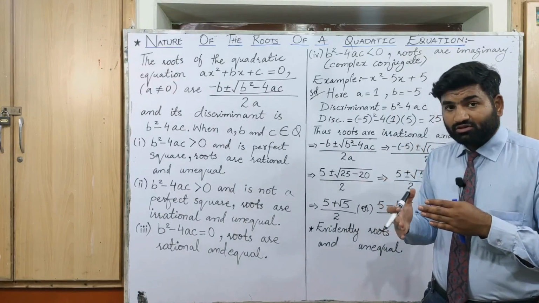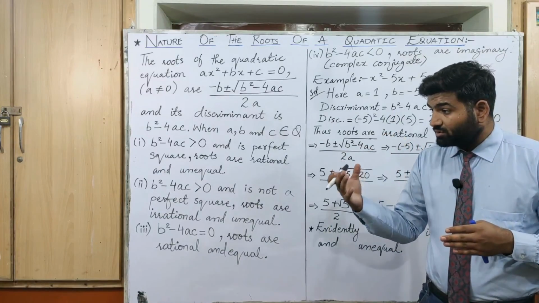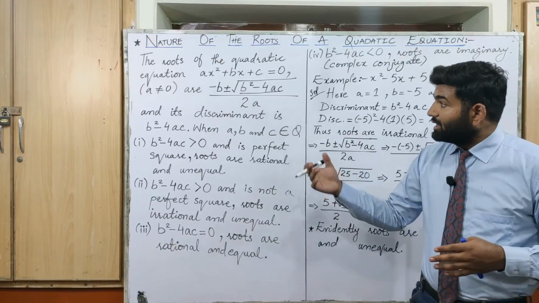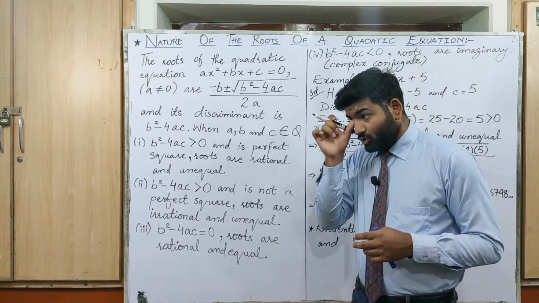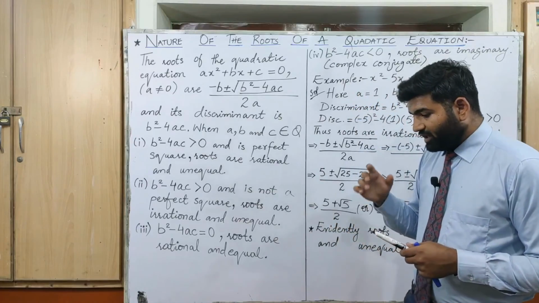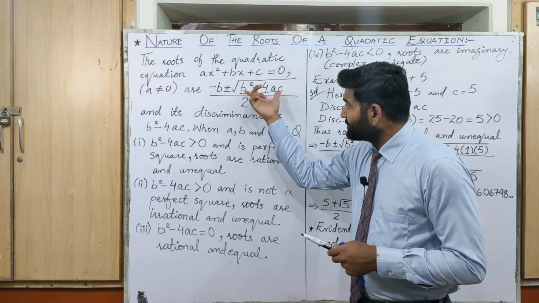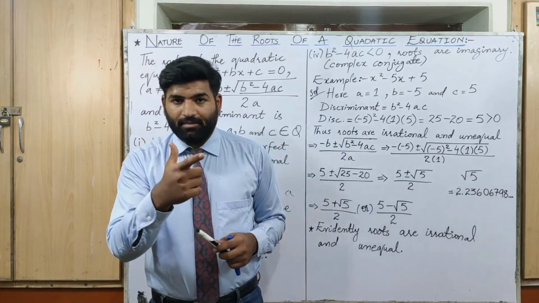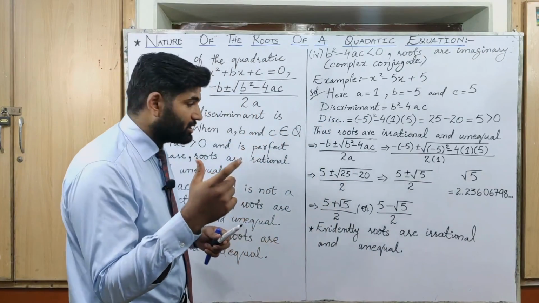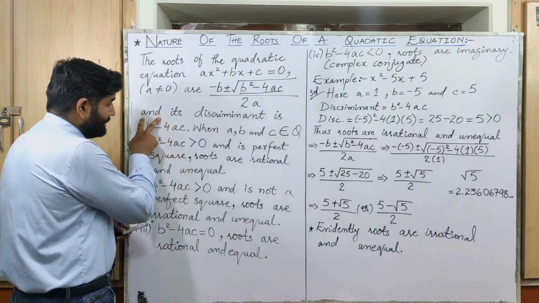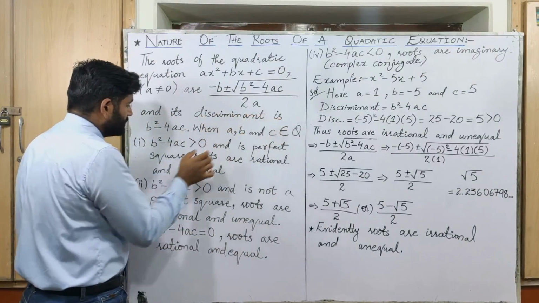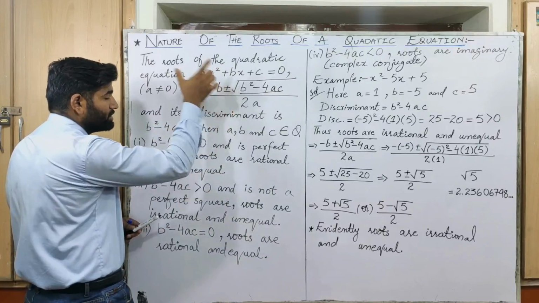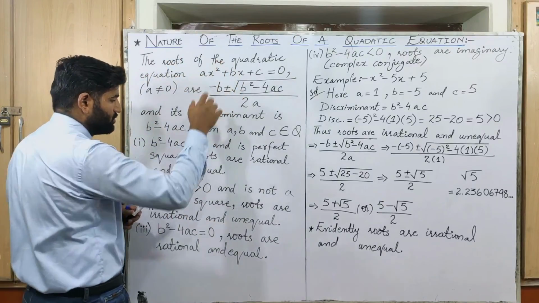These conditions determine whether the roots are complex, rational, or irrational. We call the expression b square minus 4ac the discriminant of the quadratic equation.